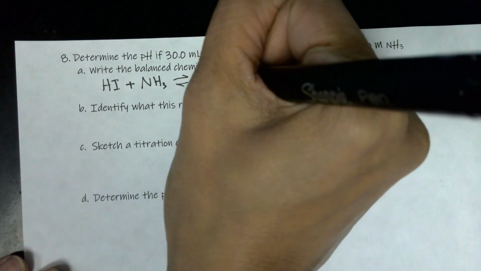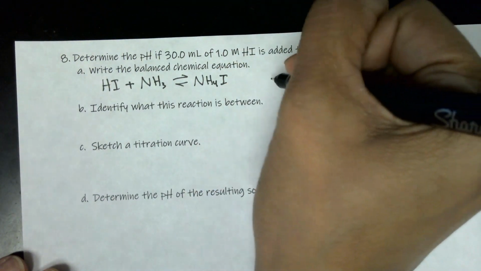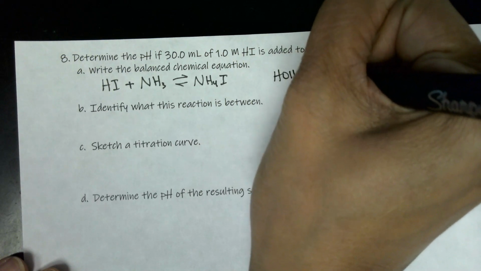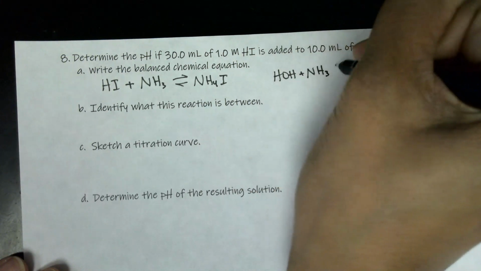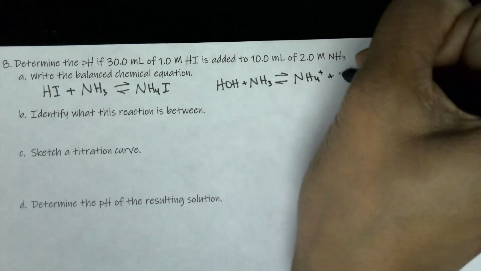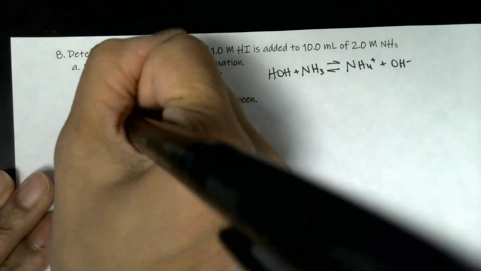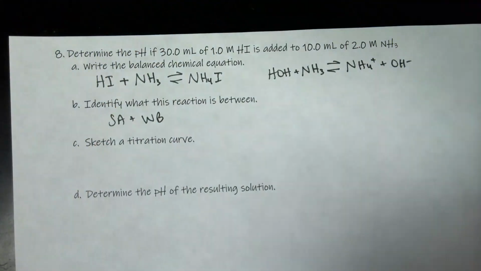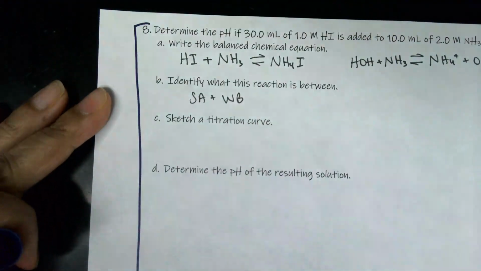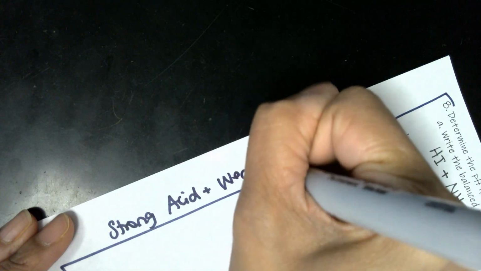So NH4 plus iodide. So we can see that we have water plus NH3 in equilibrium with NH4 plus and OH minus. All right, so this reaction again is between a strong acid and a weak base. So make sure we make a note of that. Strong acid plus weak base.